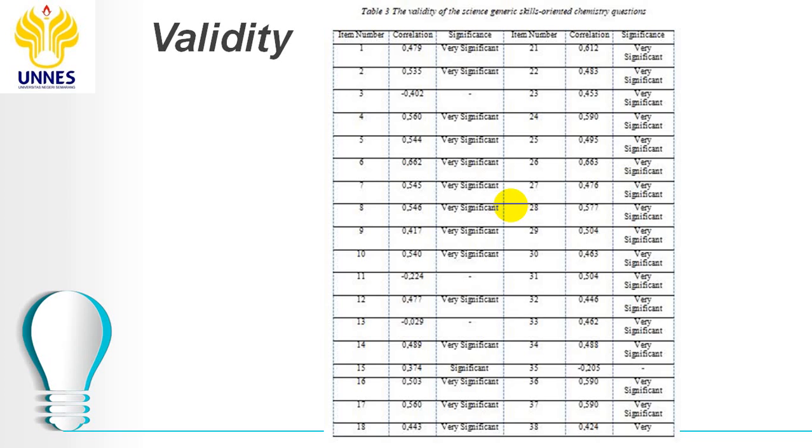One item is valid, at number 15, while the other 4 items are not valid.